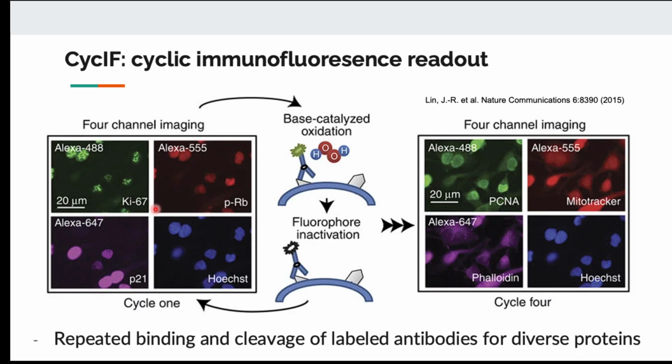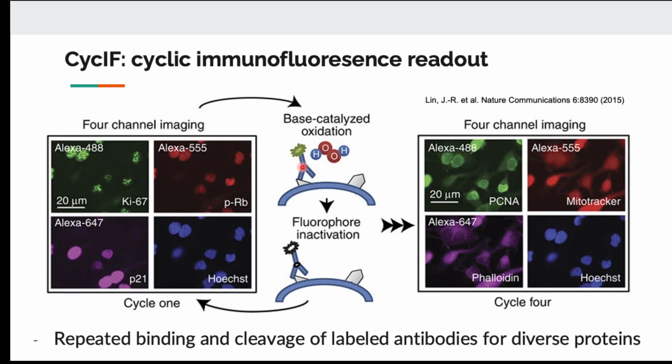For protein, we use immunofluorescence antibody. So people also have to come up with ways to repeatedly label different proteins, similar to different rounds of hybridization. They have to come up with ways to repeatedly monitor different proteins. And they do this with a cyclic reaction.